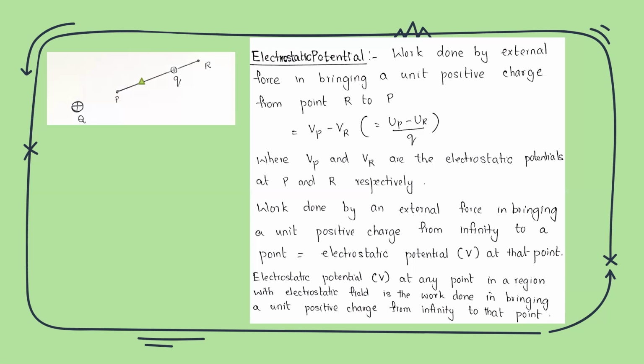In simple words, there is a unit positive charge, that means 1 coulomb positive charge. We are bringing it from a very far away distance, called infinity, to a point in the electric field.